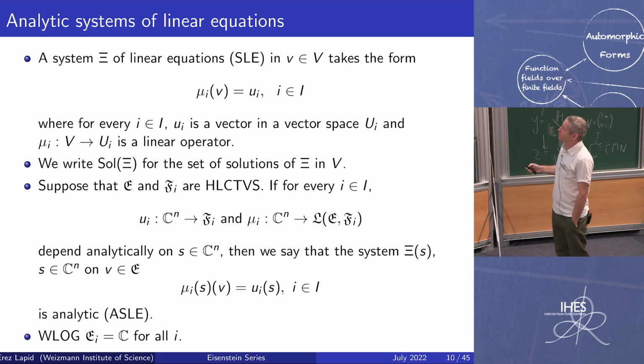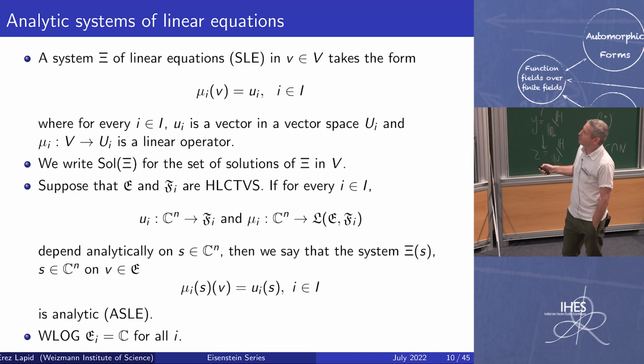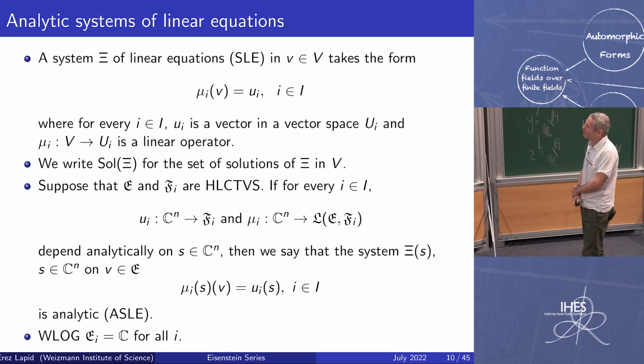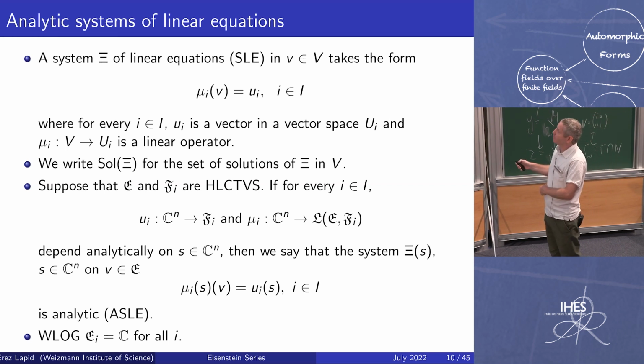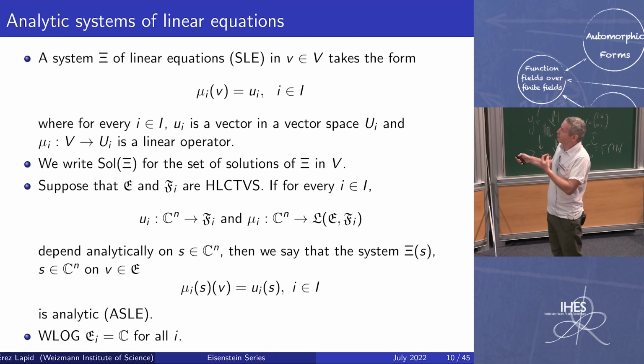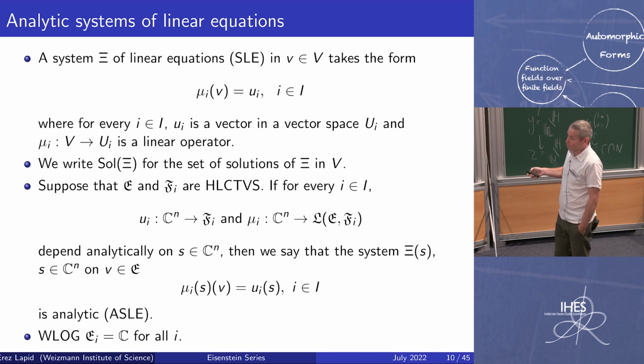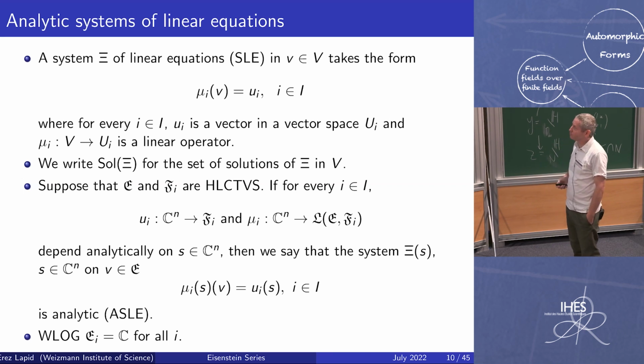So in practice, the space V and U_i, I call them calligraphic E and calligraphic F_i, are Hausdorff locally convex topological vector spaces, and we require that the mu_i and u_i now depend on an extra parameter, let's say in C^n, and we require that they depend analytically on the parameter.